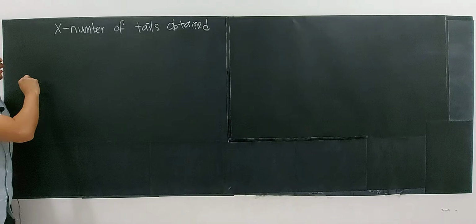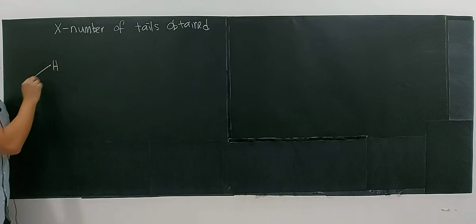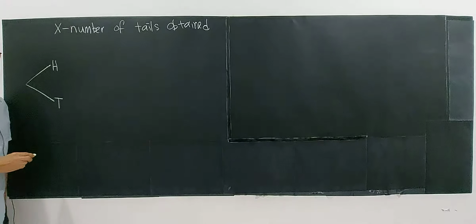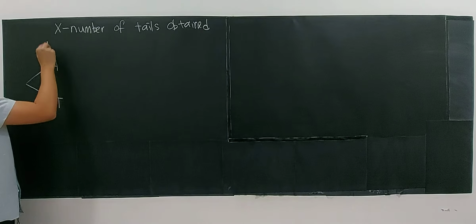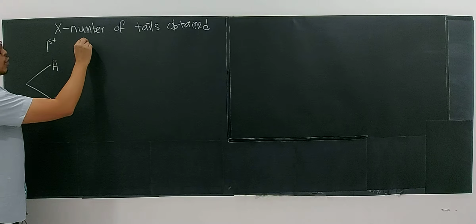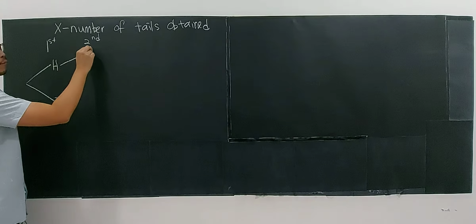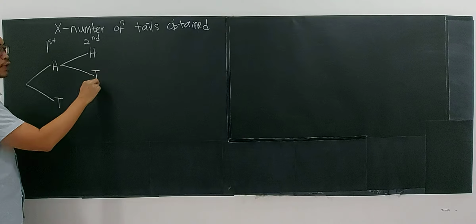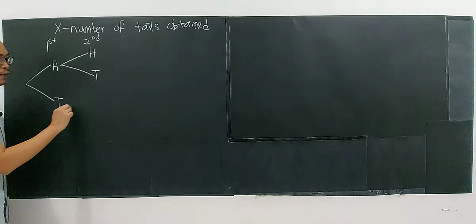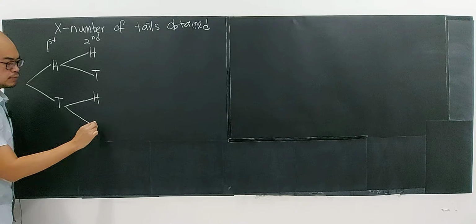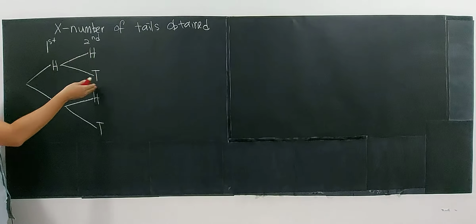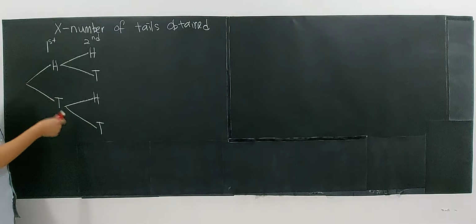For the first coin, you get head or tail, 2 possible outcomes. For the second coin, you can again get head or tail, because they are independent.